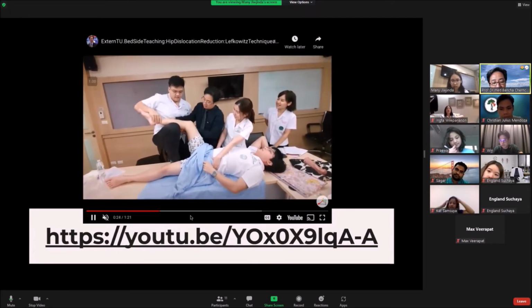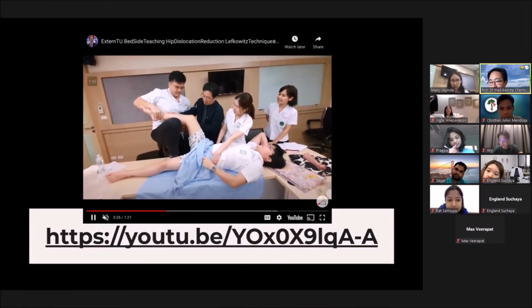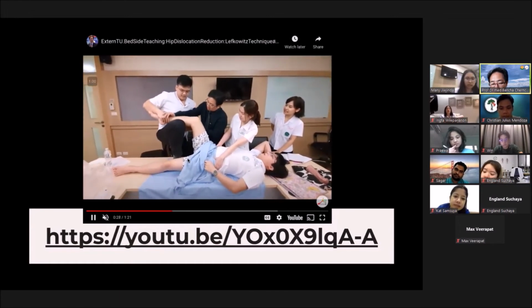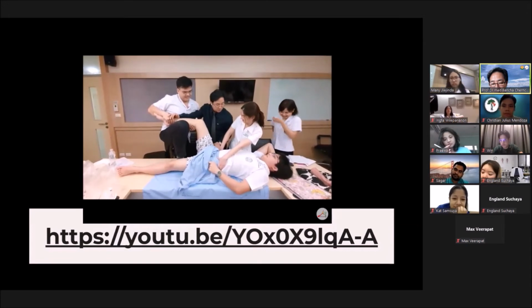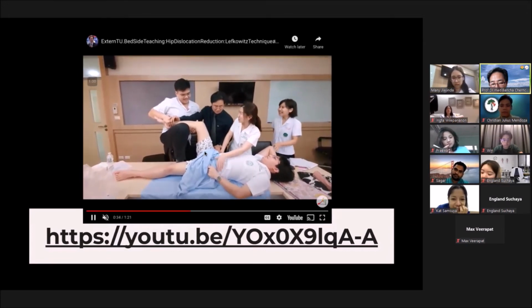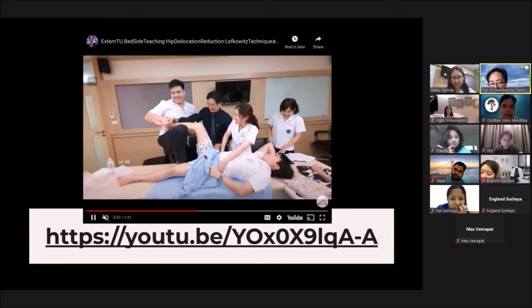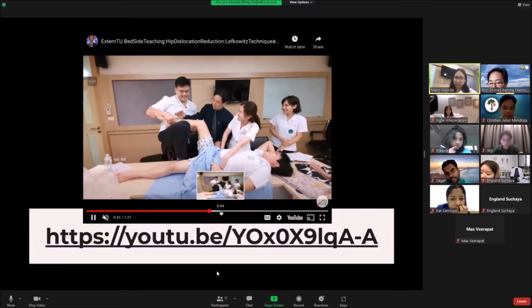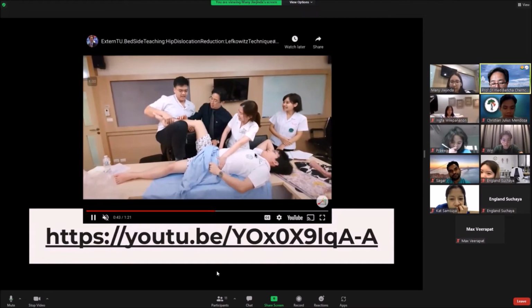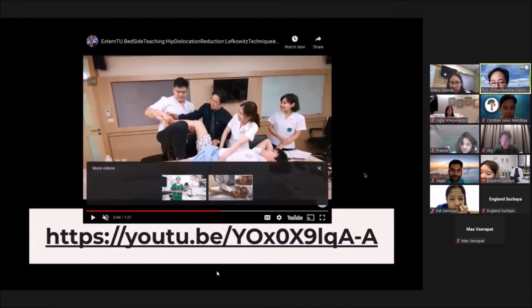You see that? Using this way is easy because you just push, and reduce the hip back that way. We call this the Lefkowitz technique. So I prefer to use this technique because it's very simple.